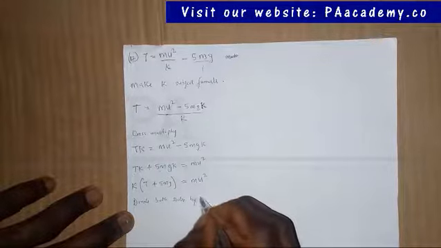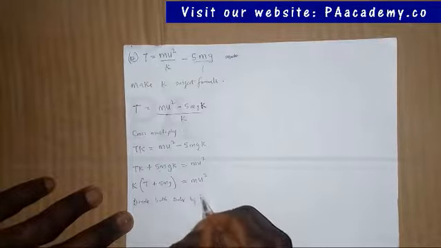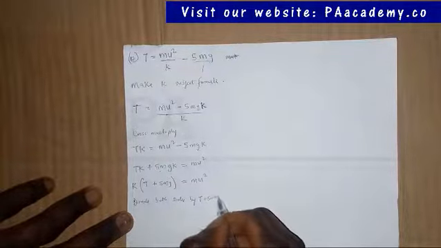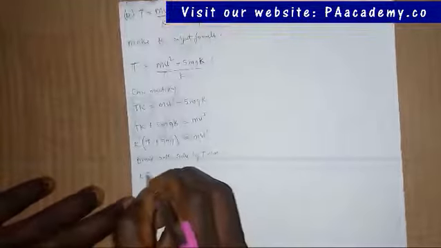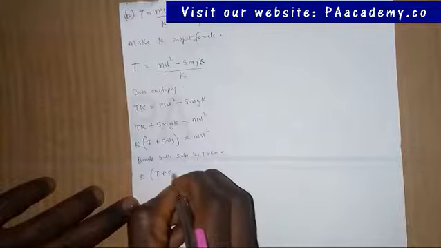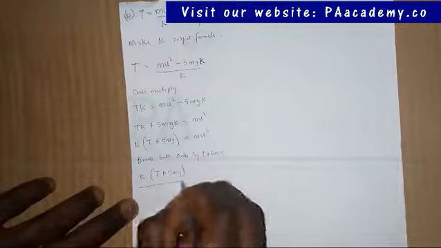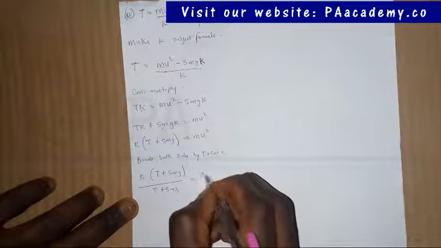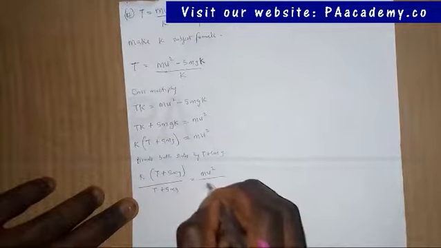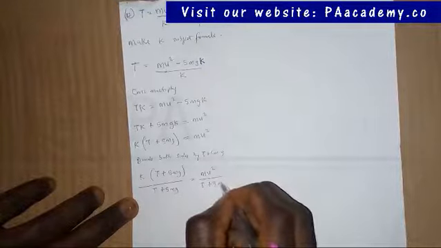We divide both sides by t plus 5mg. Alright, so we are going to be having k into bracket t plus 5mg over t plus 5mg equals mu square over t plus 5mg.